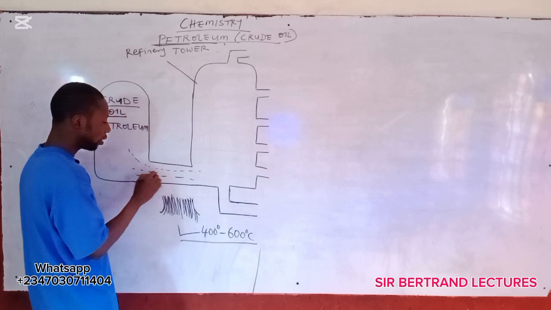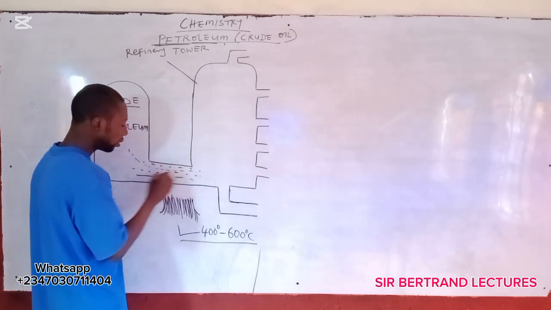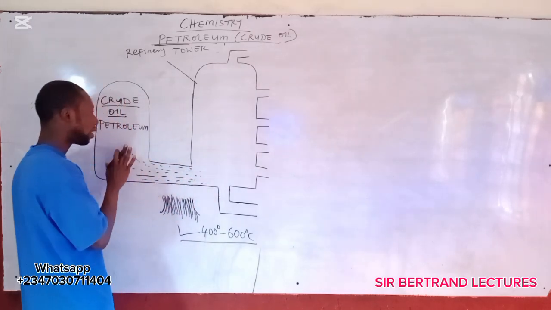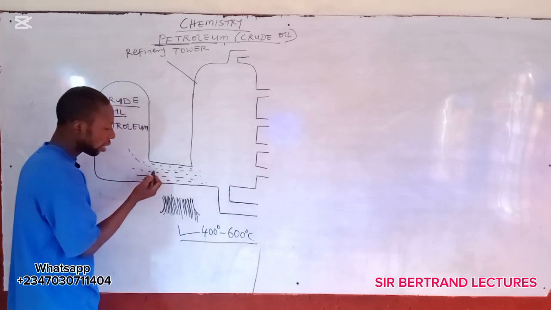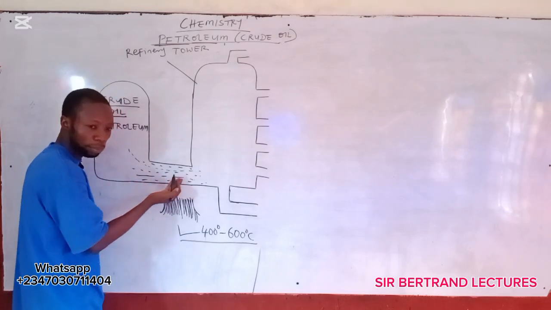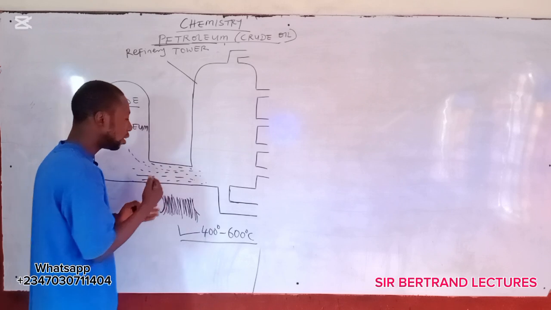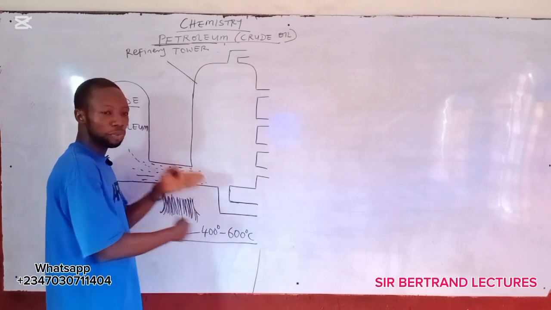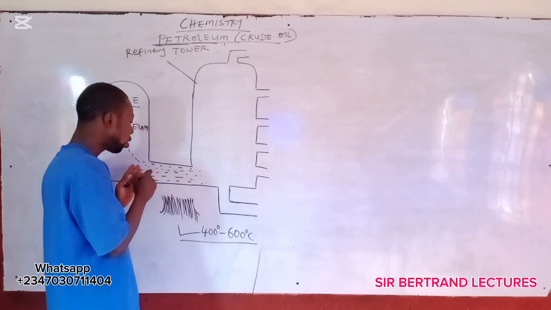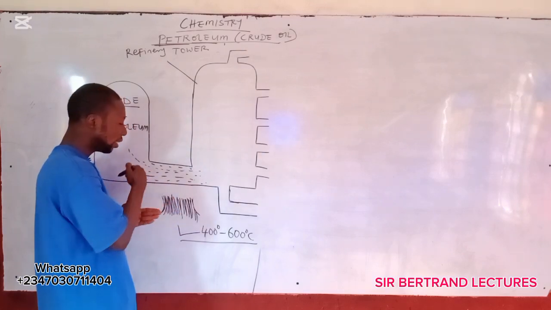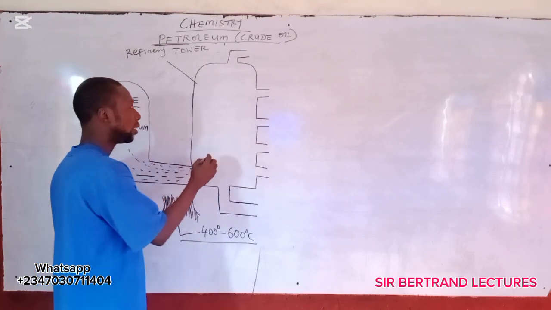The temperature increases so high that the crude oil, as it moves through this point where the heat is applied, changes into vapor. As the temperature increases, it boils and evaporates.